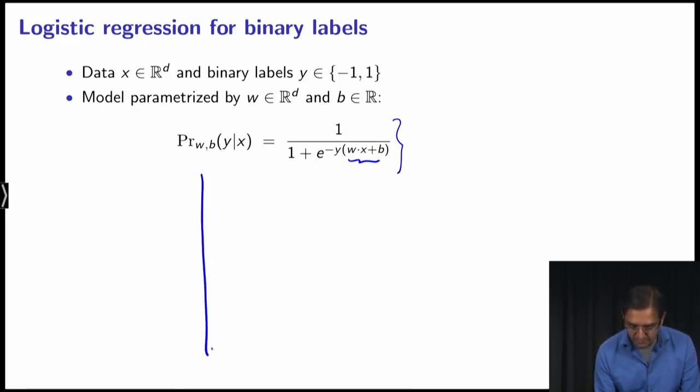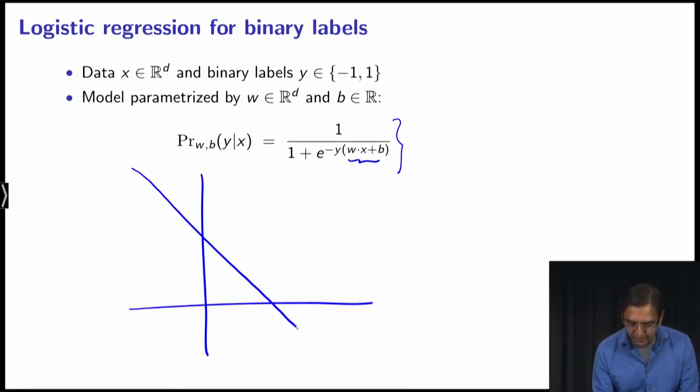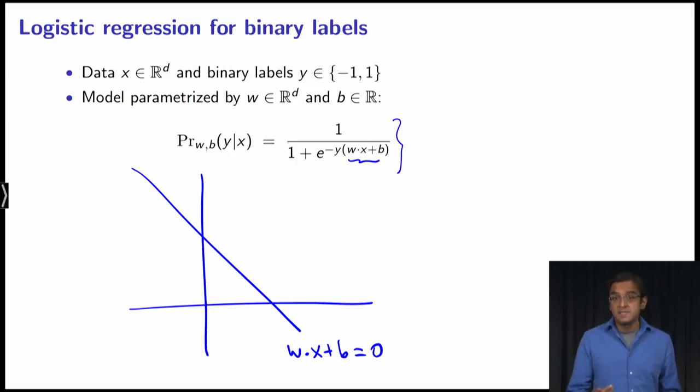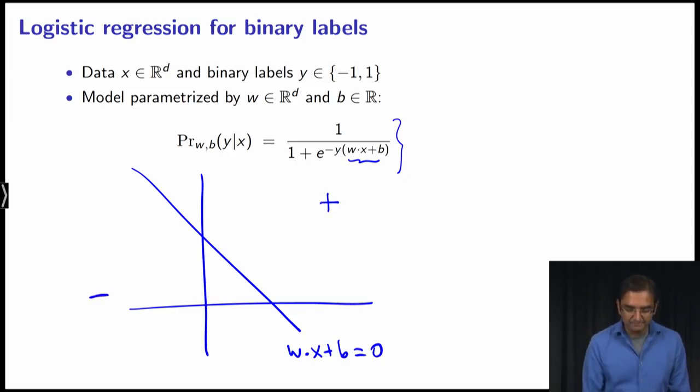So we have some set of points for which w dot x plus b equals 0, and this is the decision boundary. It's plus on this side and minus on this side. Now in 2 dimensions, this boundary is a line. In 3 dimensions, it's a plane. And in higher dimension, it's a hyperplane.